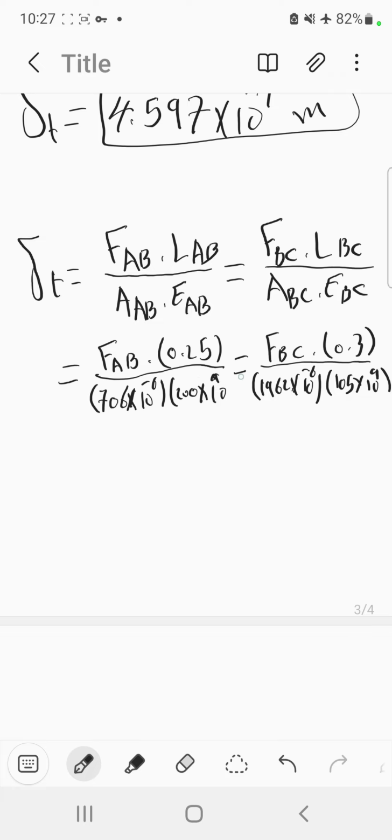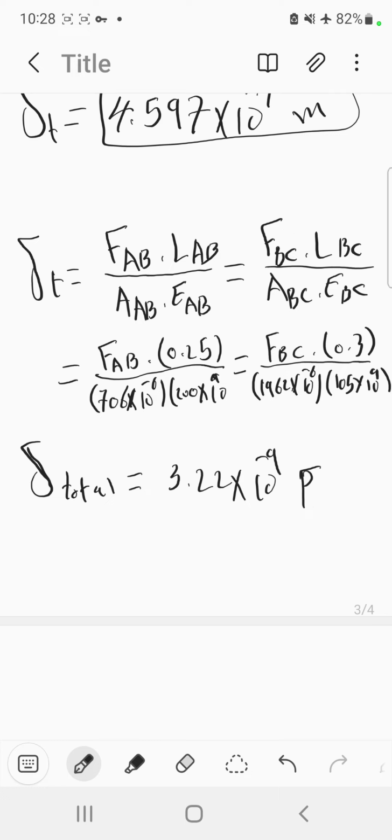So after a little bit of calculation, we know that delta total is equal to 3.22 times 10 to the power minus 9 P, or F total.